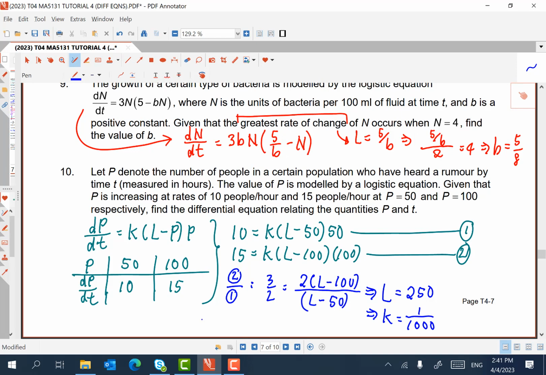Therefore, finally, dP/dt is equal to 1 over 1000 times (250 minus P) times P. That's my final answer.